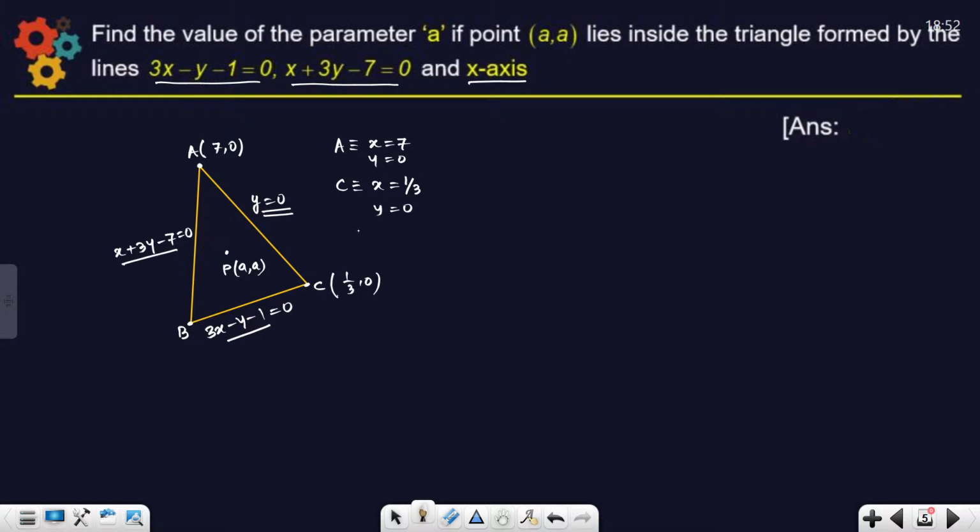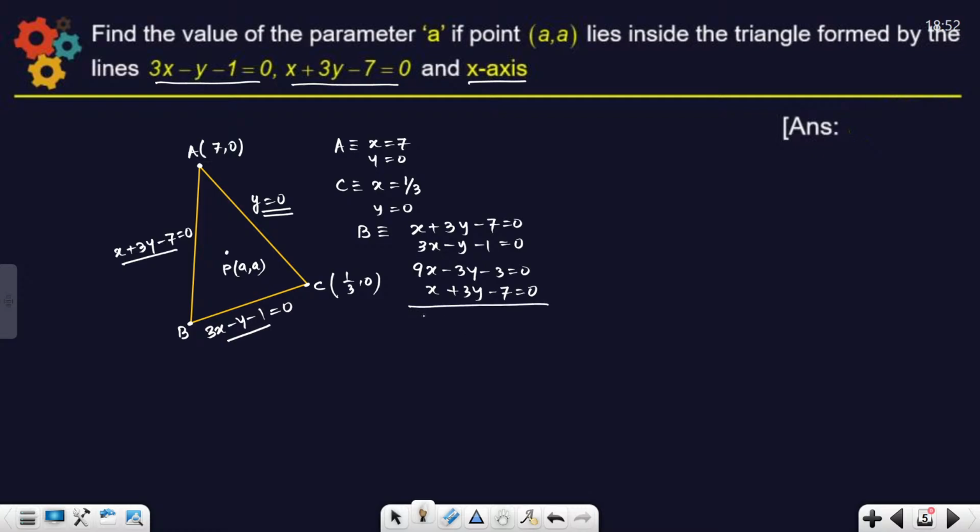Now we have to solve for B, for which we will solve this simultaneous equation, this one and this one. Let me just multiply with 3. So we are having 9x minus 3y minus 3 is 0, and we are having there x plus 3y minus 7 is 0.